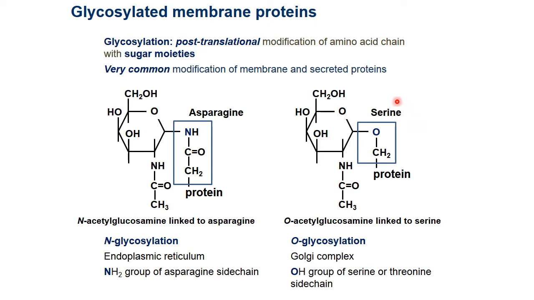And the other type of glycosylation is so-called O-glycosylation, which is glycosylation of the hydroxyl group of serine or threonine. Hence it's called O-glycosylation. And this mainly occurs in the Golgi complex.